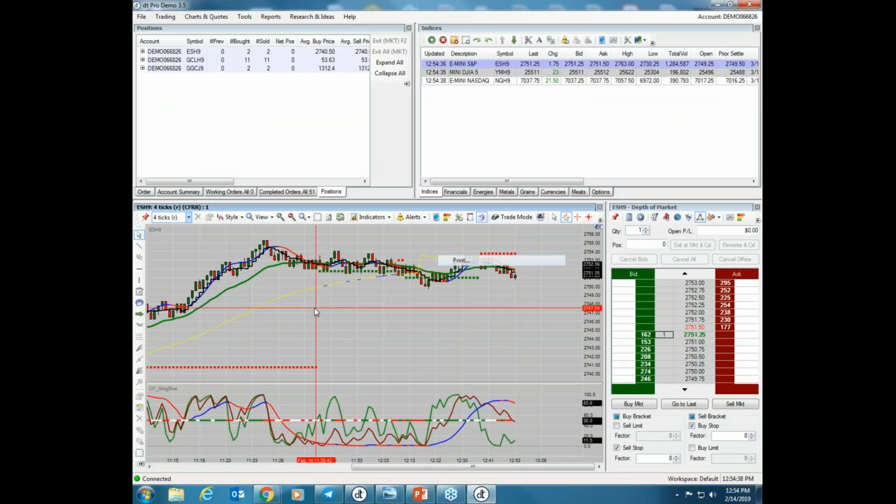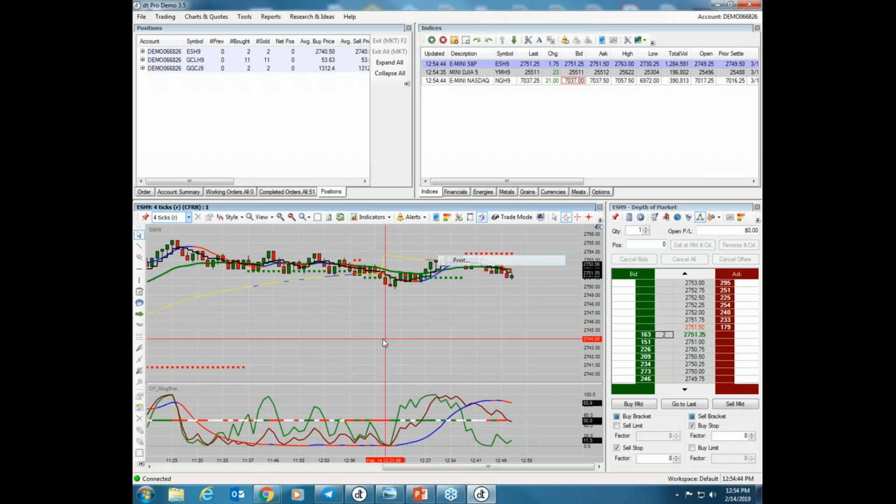Our platform is called DT Pro. What you're seeing in front of you is the CFRN indicator set. You'll download this on your trial. They encourage that, and you should do it. If you're going to take a test drive of it, you should get your hands dirty and download the platform, download the indicators, and raise it and ask questions.